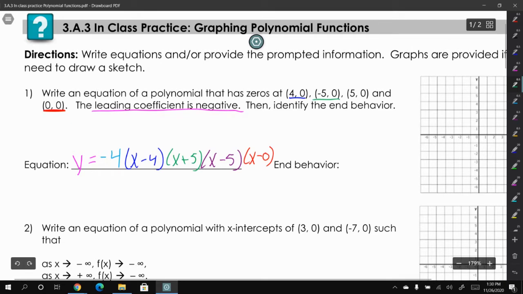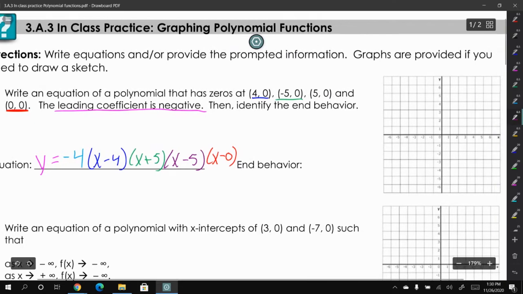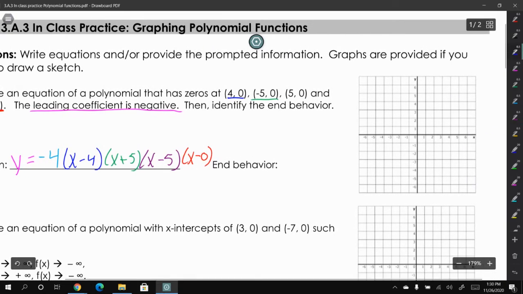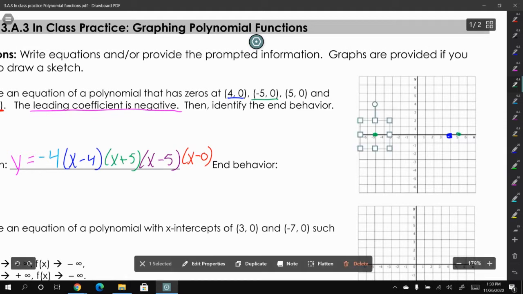So the graph, if we look over here, we have a zero at positive 4. We have a zero at negative 5. We have a zero at positive 5. And a zero at x equals 0.